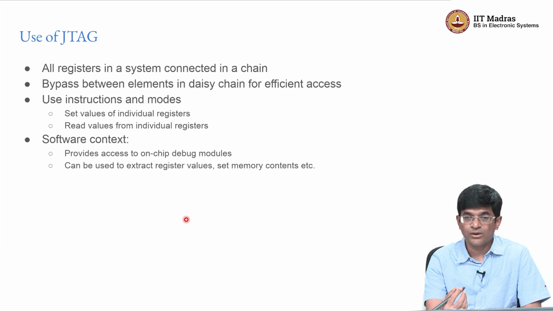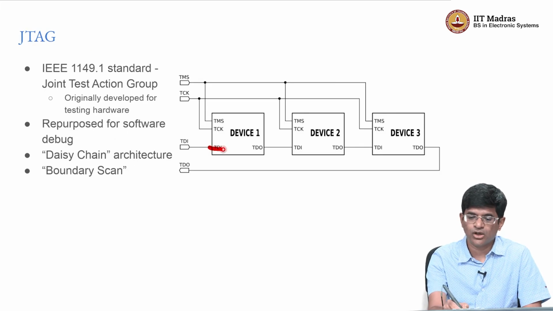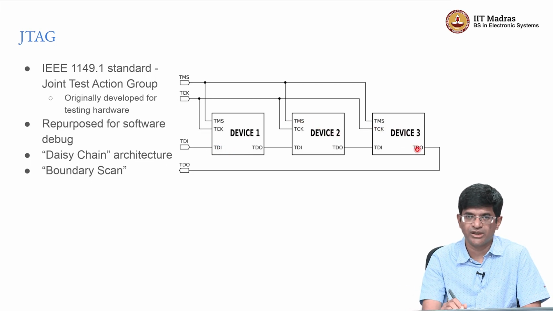Right? It was designed primarily for debugging hardware. It has been sort of repurposed for software debugging, but it has turned out to be very effective in that context, right? So in the context of software debugging, you may not actually have all of these chains being put to the uses that they are normally used.